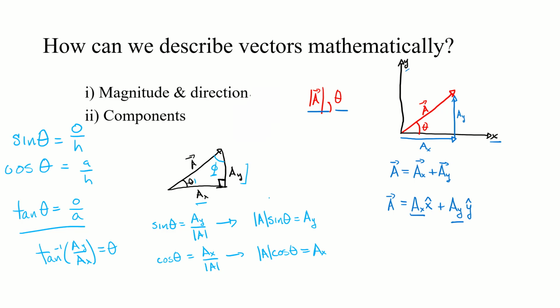We can relate those two using our trigonometric identities for right angle triangles, and both are going to be useful, and that's what we're going to need to move on to kinematics in 2 dimensions. We're going to have to take these 2-dimensional vectors, split them into components, is generally what we're going to do, and describe the x component and y component separately.